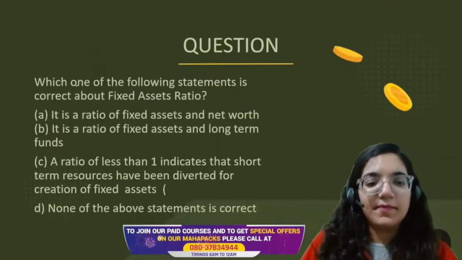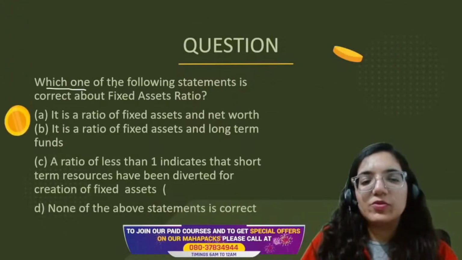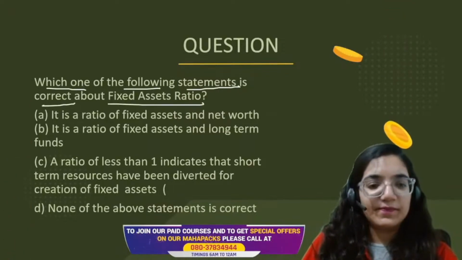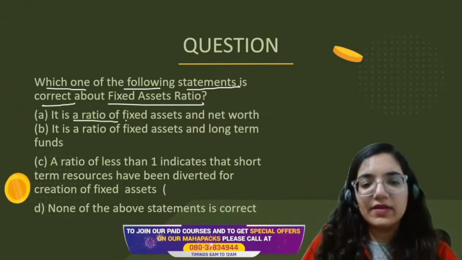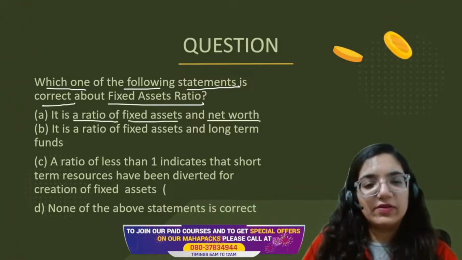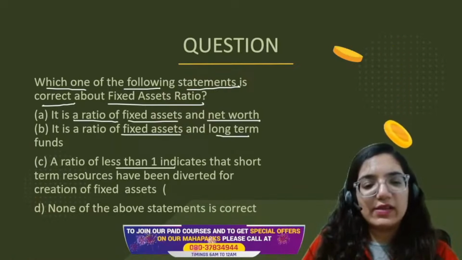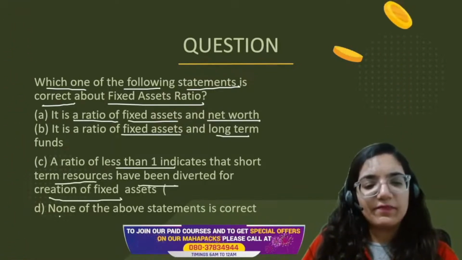Next point. Which one of the following statements is correct about fixed asset ratio? What's true, everyone? It is a ratio of fixed assets upon net worth, fixed assets upon long-term funds, a ratio less than 1 indicates that short-term resources have been diverted for fixed assets, or none of the above.